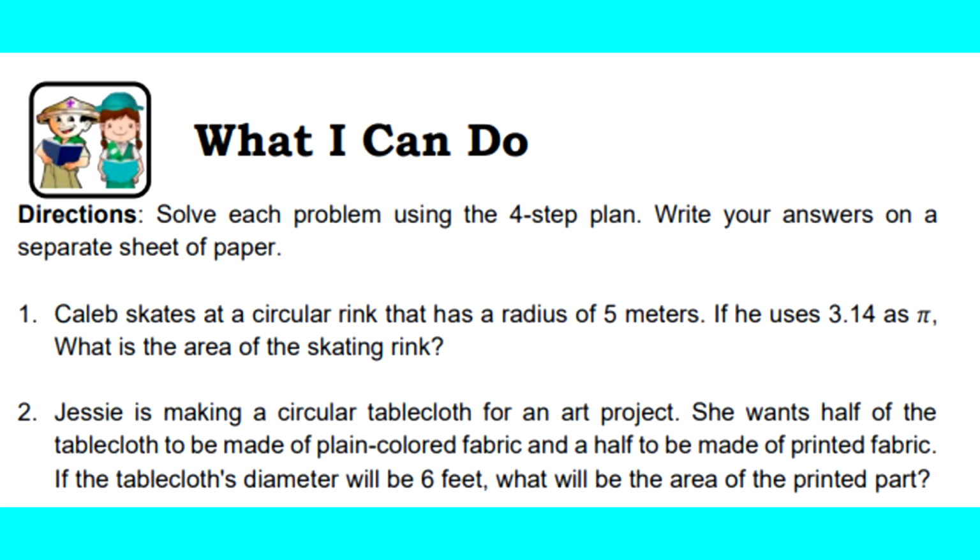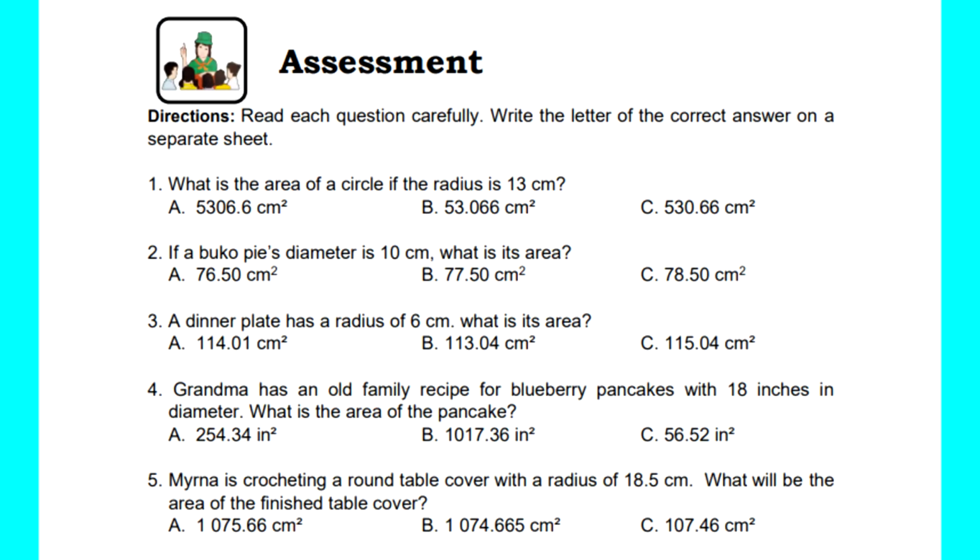For the What I Can Do part, you need to solve the problem using the 4-step plan and write your answer on a separate sheet of paper. So again, read, understand, and solve for the area of a circle. For the assessment part, you need to read carefully the questions and write the letter of your correct answer on a separate sheet. After doing it, submit your paper together with your SLM to your respective advisors.